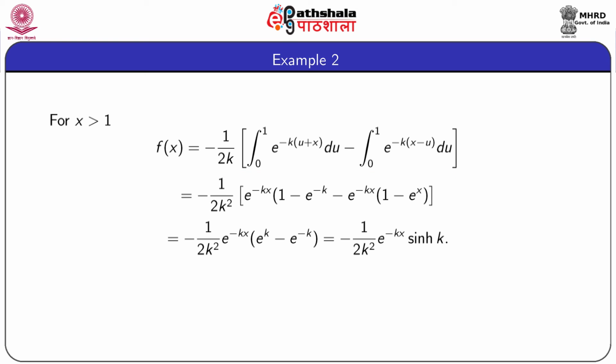So, this integration can be performed to give minus 1 by 2k square [e to the power minus kx into (1 minus e to the power minus k) minus e to the power minus kx into (1 minus e to the power k)], and that can be simplified to get minus 1 by k square e to the power minus kx sinh(k), and that gives the solution of the differential equation when x is greater than 1.